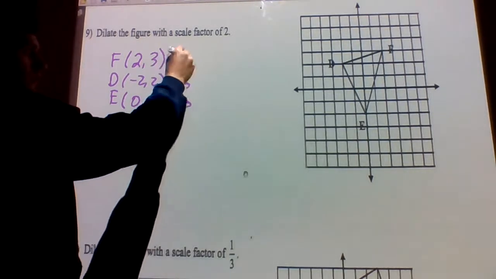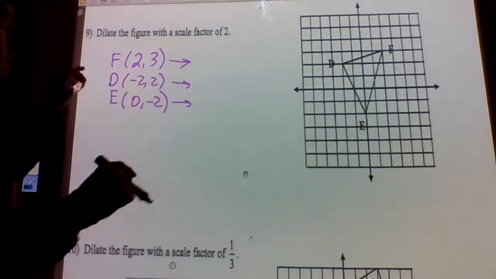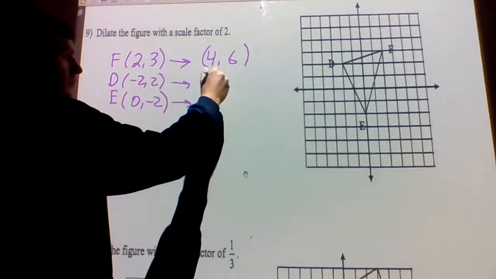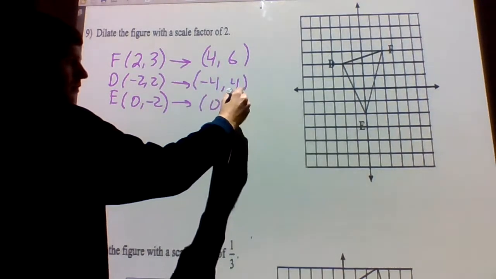So scale factor is we're moving it away from the origin by a factor of 2. So basically we're multiplying all of these coordinates by 2. So this is going to become 4, 6, -4, 4, and 0, -4.